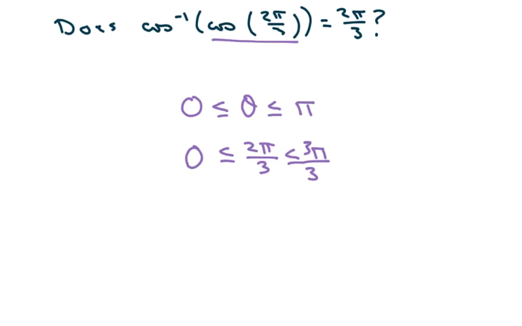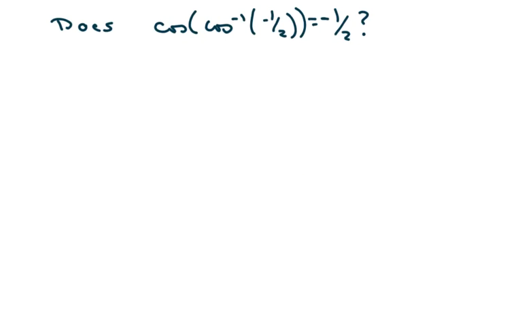So this is true. This one, now we're looking at our inner function, it's the inverse function. So that has to be in between negative 1 and 1. So we're going to ask, is negative 1/2 in between negative 1 and 1? And this is true, so you write true.